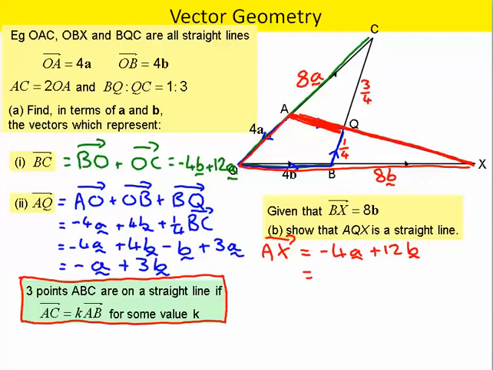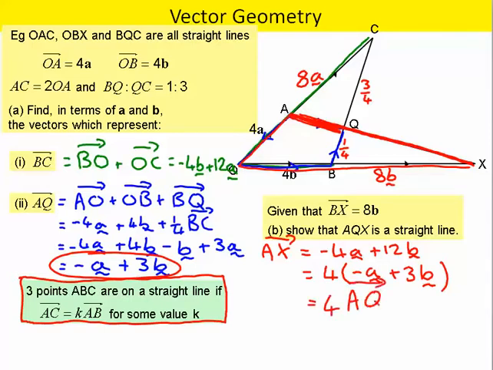We're aiming for AQ, which we've already got, so if we factorize this, we get 4 up front, minus a plus 3b, but minus a plus 3b is what we had over here, so that is equal to 4 lots of AQ.